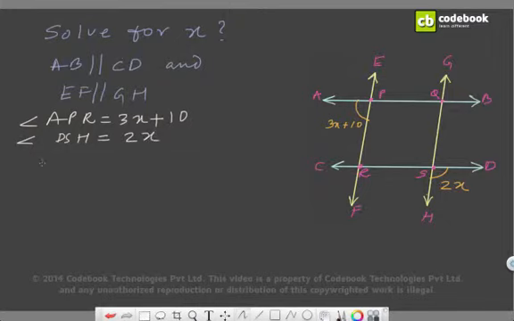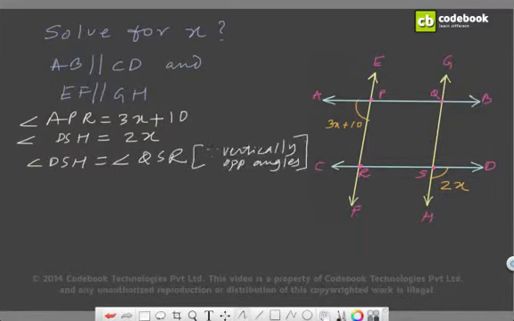We know that angle DSH is equal to angle QSR based on the definition of vertically opposite angles. But we also know angle QSR is equal to angle BQS based on the interior alternate angles. So let's try to look at this. Based on the first statement, angle DSH equal to angle QSR is 2x.